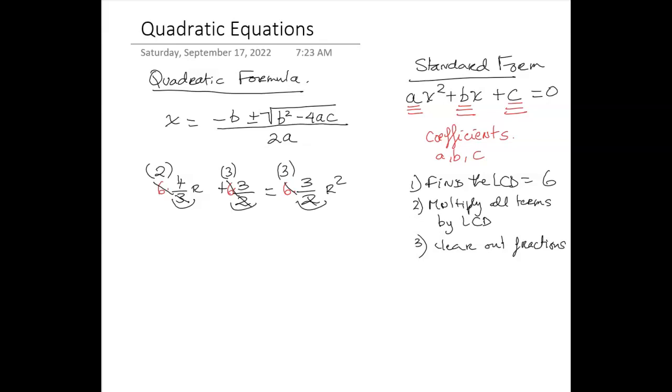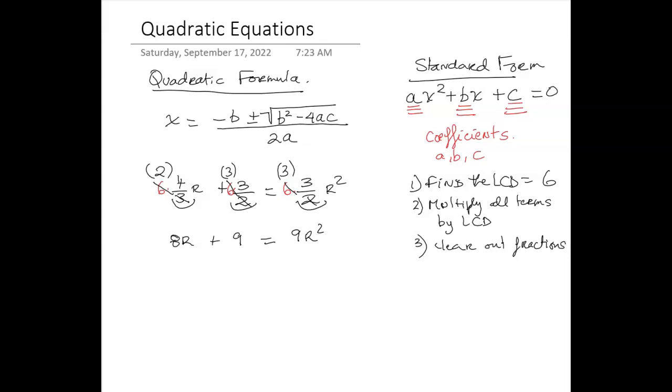No more fractions. So what do we have left? We have 2 times 4 times r, that's 8r. Then plus 3 times 3, 9, equal to 3 times 3 times r squared, that's 9r squared. Beautiful.